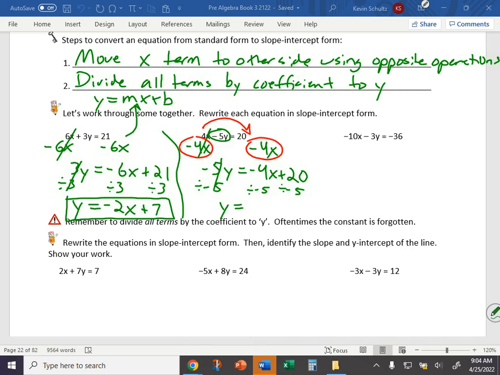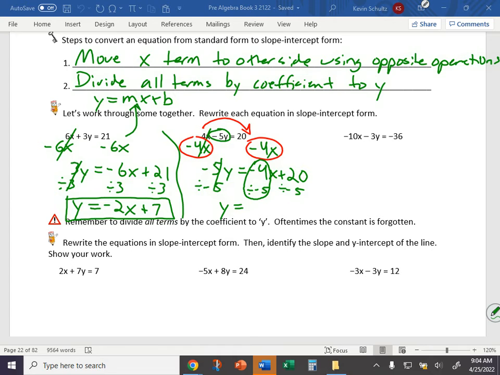And now we end up with this situation here. Negative 4 divided by negative 5. That doesn't work out evenly, but that's okay. Because what is that coefficient of x going to represent? In slope-intercept form, what does that represent? The slope. And slope is a fraction, right?